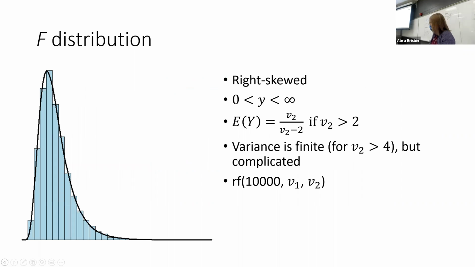So here's what the F distribution looks like. Like the chi-squared distribution, it's right skewed, and it's defined for values of y between 0 and infinity. Its expected value, or its mean, is, let me double check that. I think there might be a V1 in there.